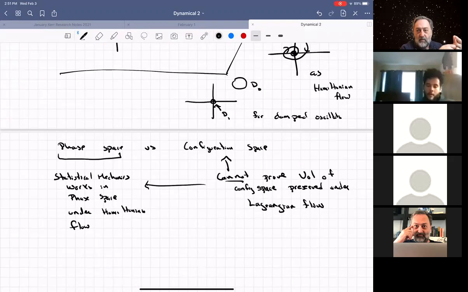If you wanted to talk about what's happening to an entire collection of systems, the way you talk about physics and thermodynamics, then you have to work in phase space, and then you have Hamiltonian flow. And so these theorems of Hamiltonian flow tell you something about the energetics that are possible when a system is left in thermal equilibrium by itself.